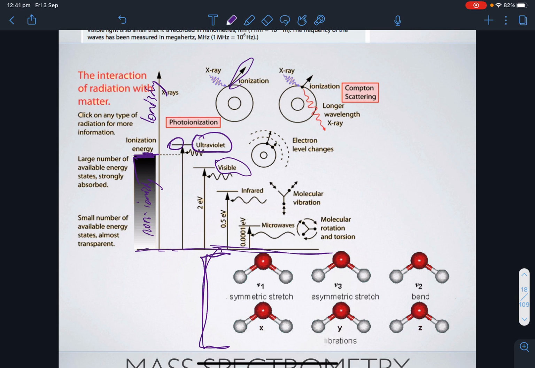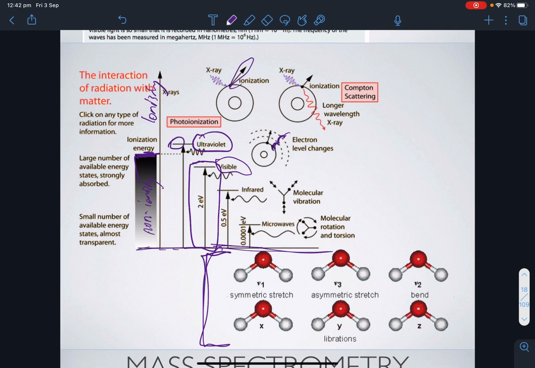Okay, visible light, the range of it here is below ionization energy. What visible light does, and most of UV, is just promote electrons from lower to higher orbitals, okay? And that's what UV spectroscopy is. It's all about looking at absorption when electrons jump up orbitals, okay? So this is the UV vis kind of range. That's what UV vis is, we're looking at electron level changes.